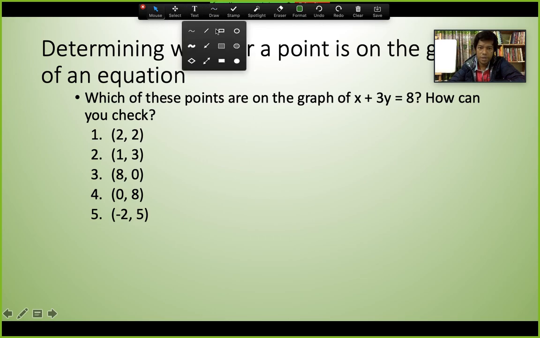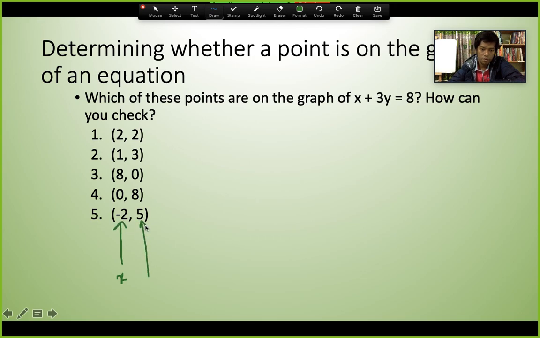As you know, the first value is always the x value and the second value is the y value. So we will put this x and y value in our given equation, and we will see if the left hand side and right hand side are equal. If it is equal, then that point will be on the graph. Then that point is correct for the equation.